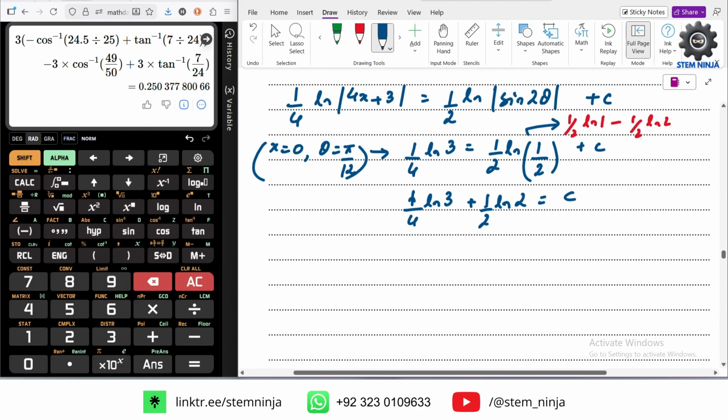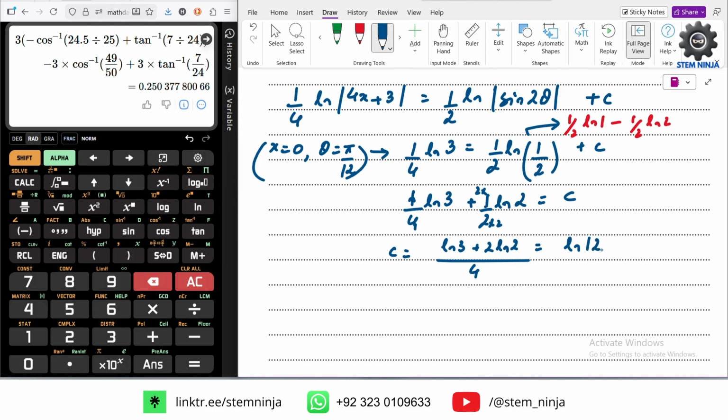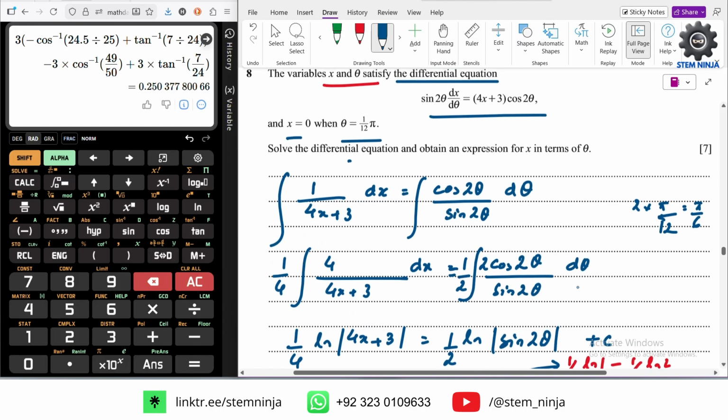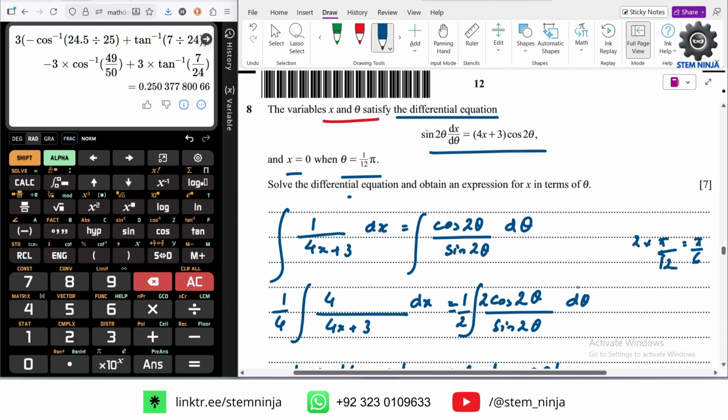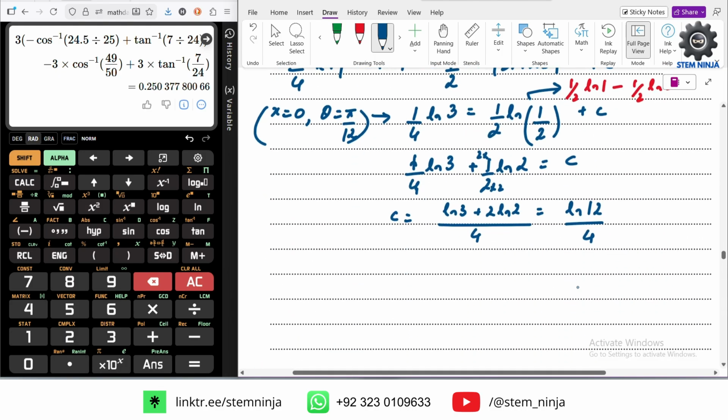Right, so c can be written as 1/4 ln 3, so multiply this by 2, so 2 ln 2. This can be written as 3 times by 4. Right, okay. Now we need the differential equation for x in terms of theta.